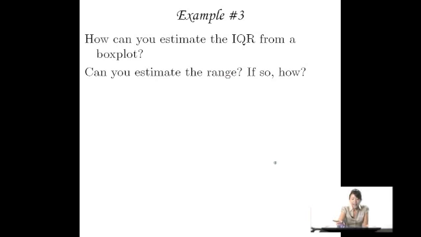Example 3. How can you estimate the IQR from a box plot? Well, the IQR is actually really easy to see on a box plot because whatever the box is, the bottom end of that is Q1 and the top end of that is Q3. That's really your IQR, right?